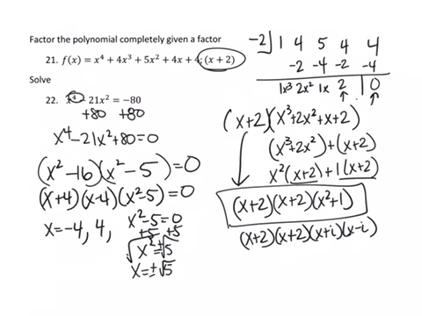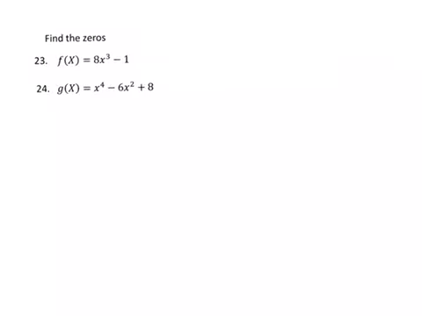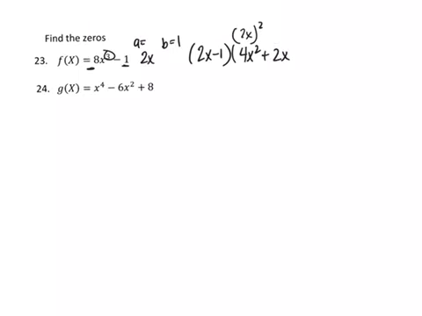If it says x to the 4th, if that's the highest exponent, I should have 4 solutions. And the last one's find the zeros. We're going to find it by factoring. So this is a, my 2x, b is 1. This is a cubic. So that's 2x minus 1 times 4x squared, because that's 2x squared, plus 2x times 1 is just 2x, plus 1.